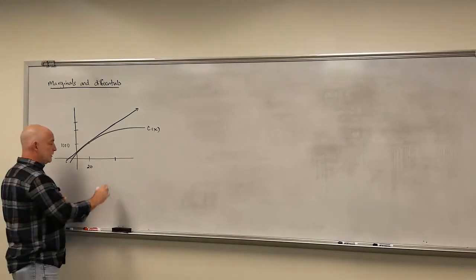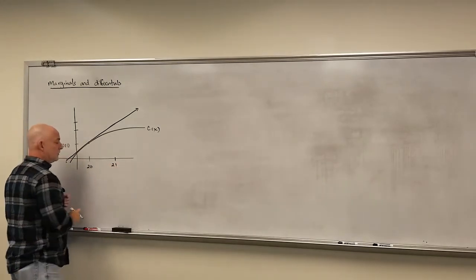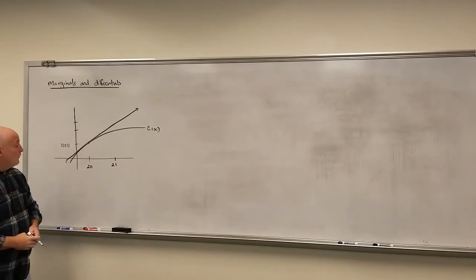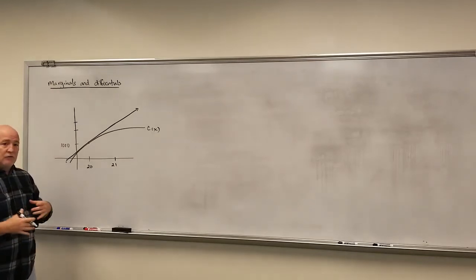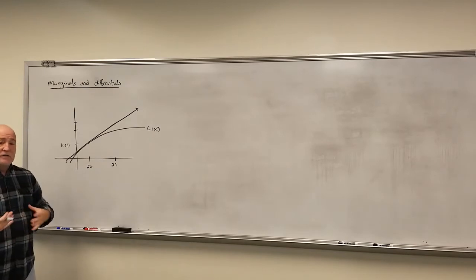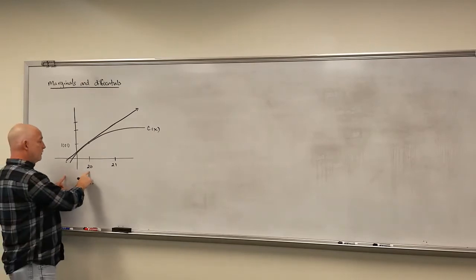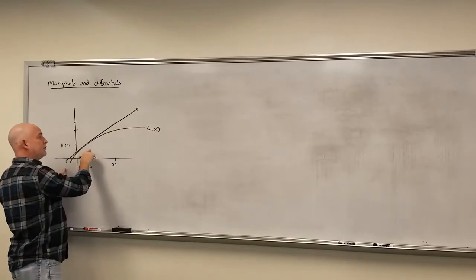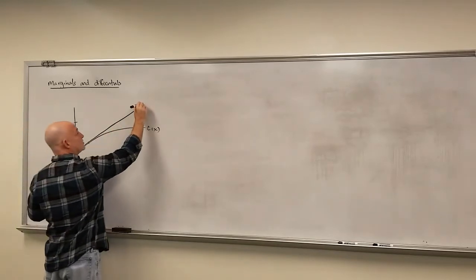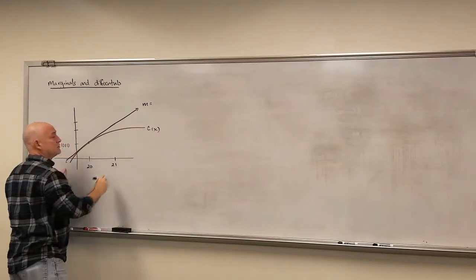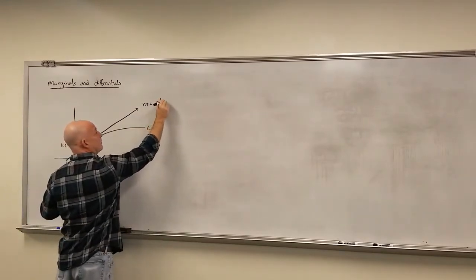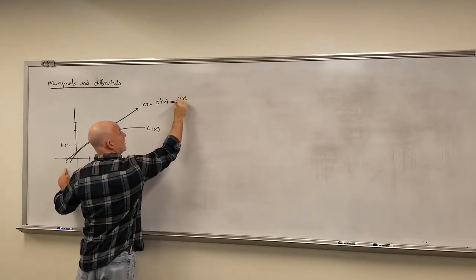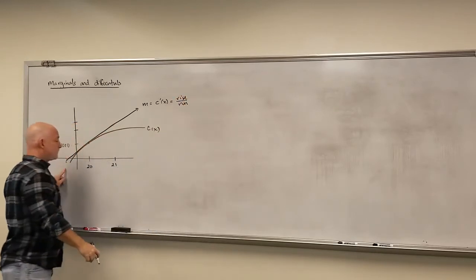Now the question is, how much would it be to make 21 bikes? Well, we can figure that out using the tangent line, at least get close to it. So let's say over here at 20, we drew the tangent line to the graph. Now I know the slope of this line is the derivative, so this would be c prime of x. Remember, that's our rise over our run.